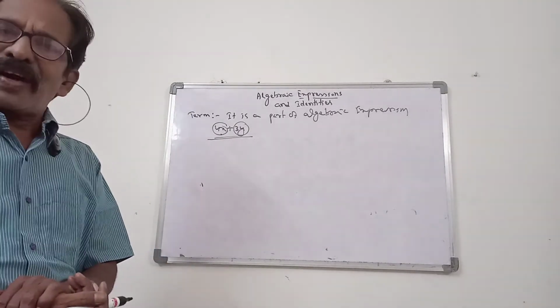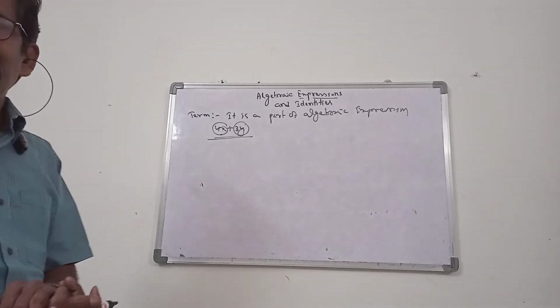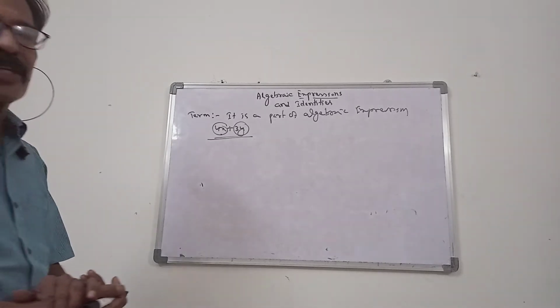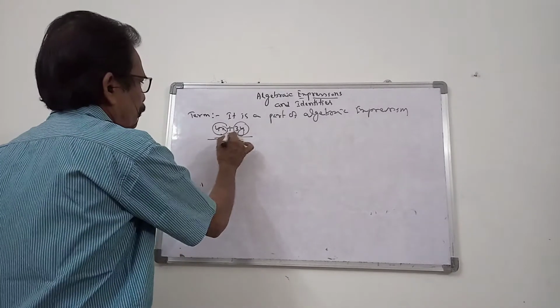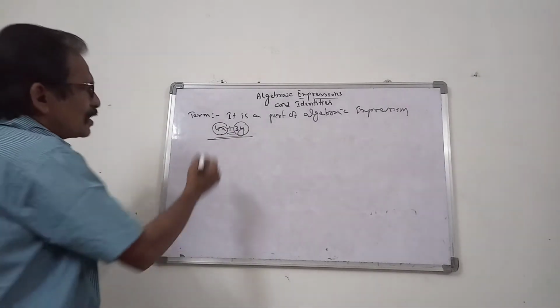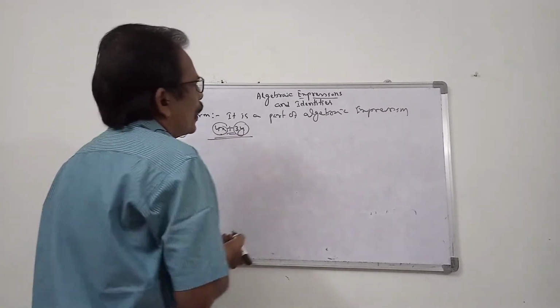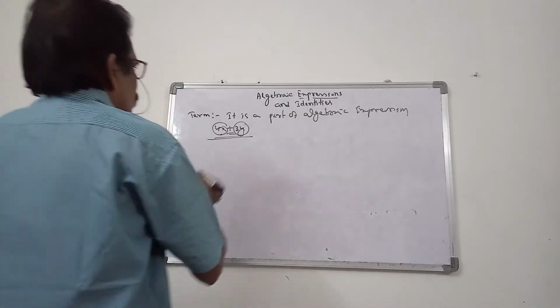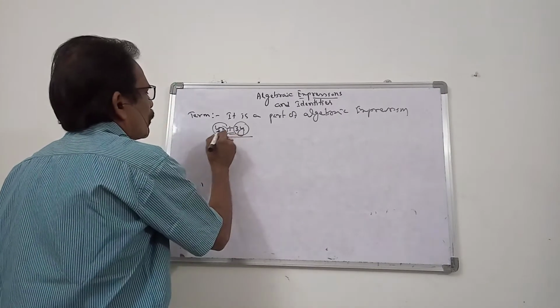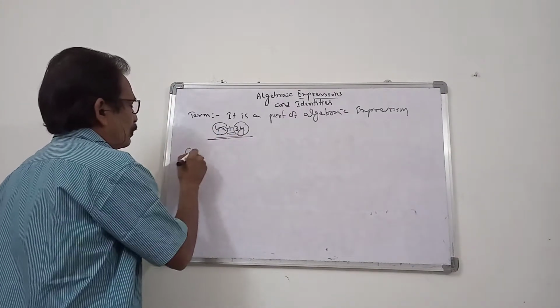They are separated by the positive and negative signs. Also, you will get constant terms.